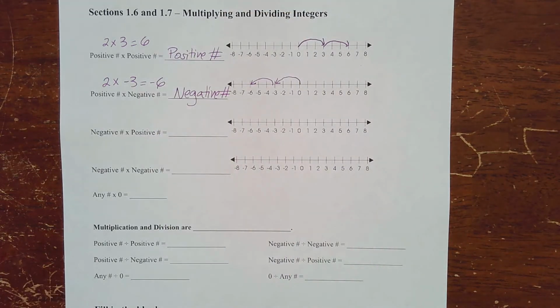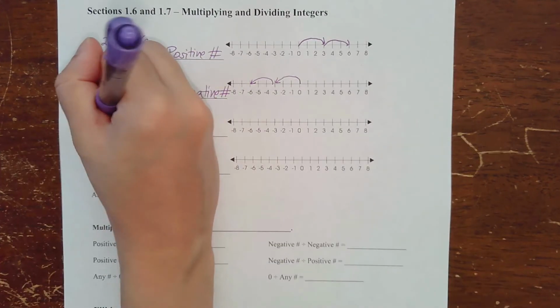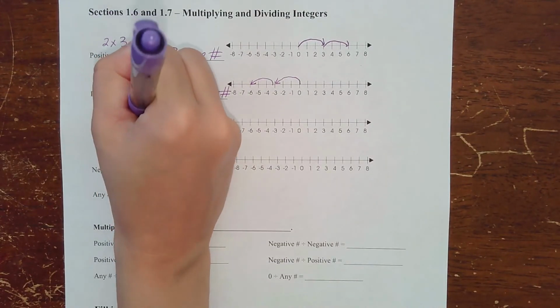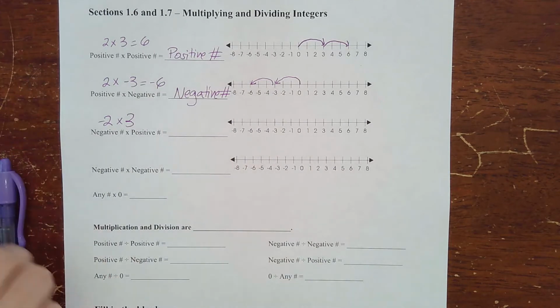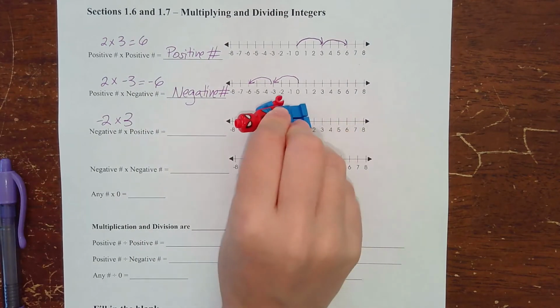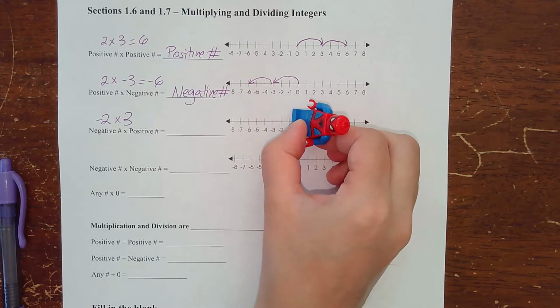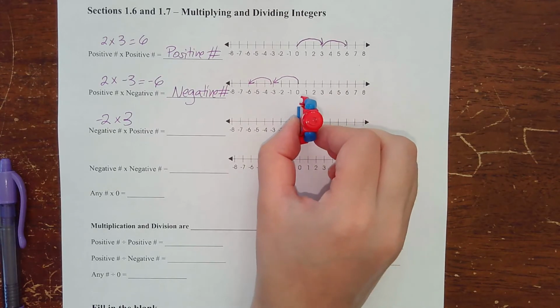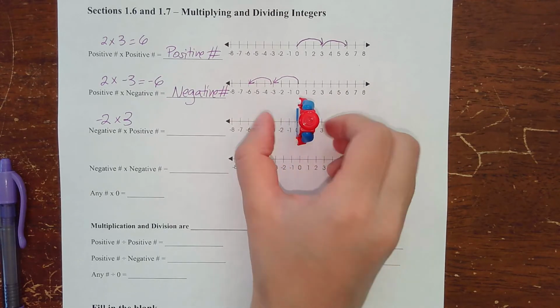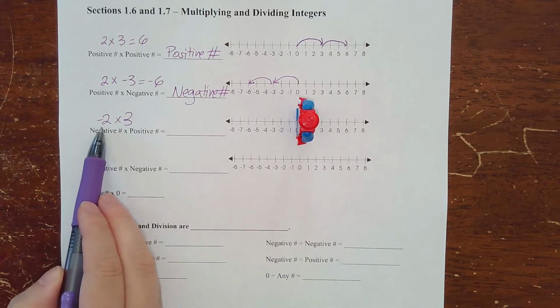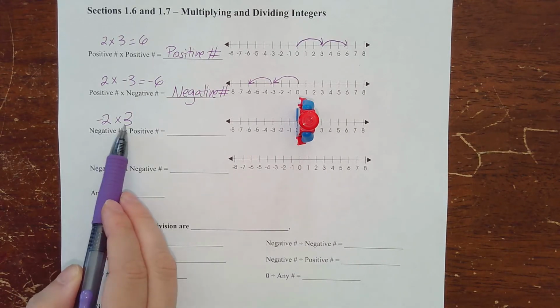Alright, what happens if we have a negative number times a positive number? So this would be like negative 2 times positive 3. So this time, instead of facing the positive direction, our friend Spider-Man is going to face the negative direction, because we start out with a negative 2. So we're going to face the negative direction and do 2 hops in that negative direction, and each hop is forward.